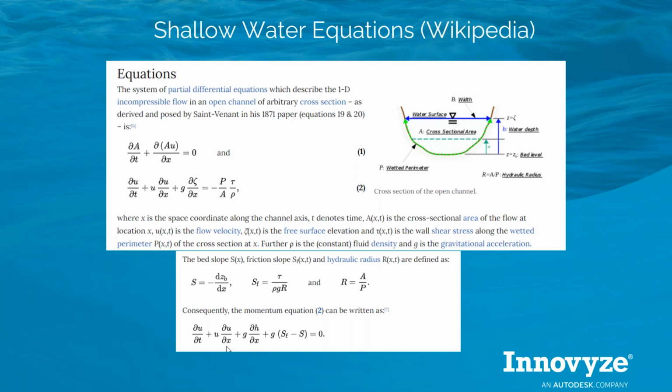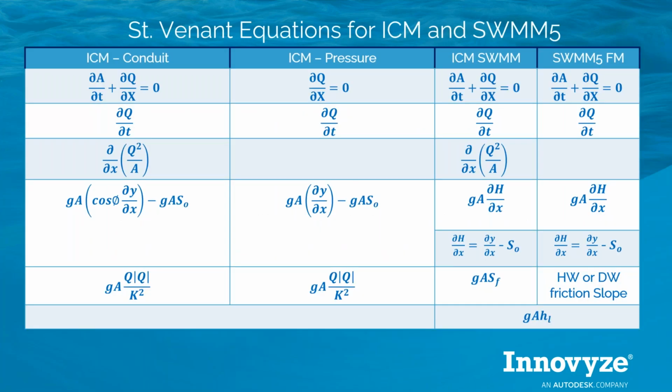So the 1D is very different, but the 2D is exactly the same, and the data for that is the same. The difference is obviously the connection. I won't go through this, but these are the differences in the Saint-Venant solution for the two programs. You can take a look at that later if you're really interested.